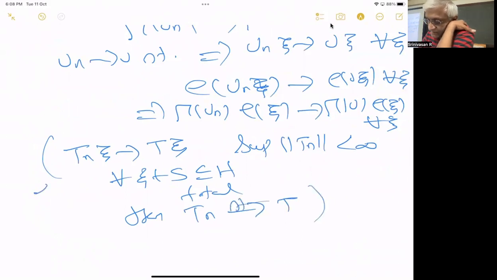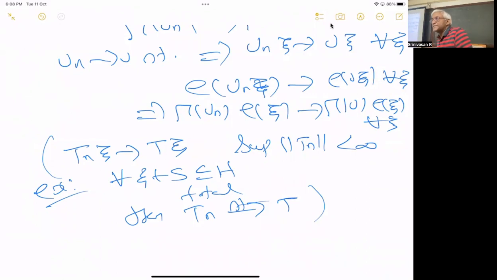This is an exercise. You have to use the triangle inequality. Let me orally tell you the proof, you write the proof. The point is, if T_n xi converges to T xi, that is what strong topology is. Suppose that happens on a total set, and norm T_n is uniformly bounded, then that happens for all vectors.